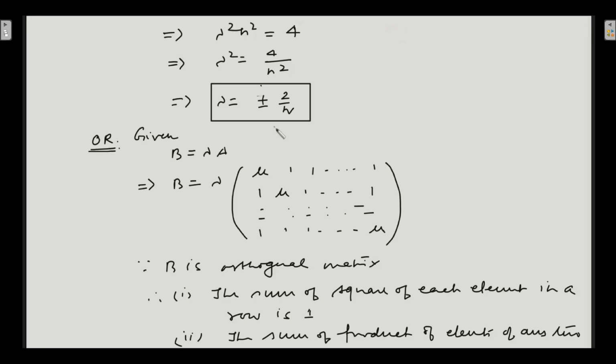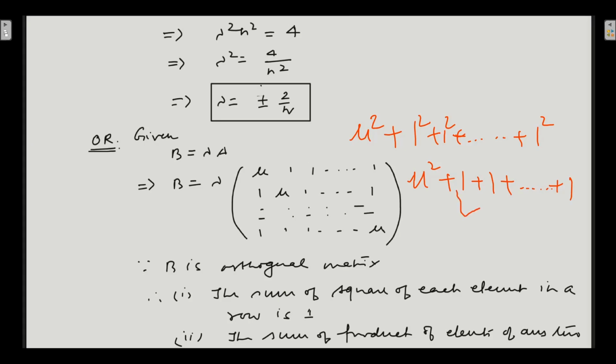So what are the equations that we get from here? Let us write the equations. Consider the first row. The equation will be mu square plus 1 square plus 1 square and so on, plus 1 square. There are a total of n elements. So this is equal to mu square plus 1 plus 1 plus 1 up to the last element, because 1 square is equal to 1.